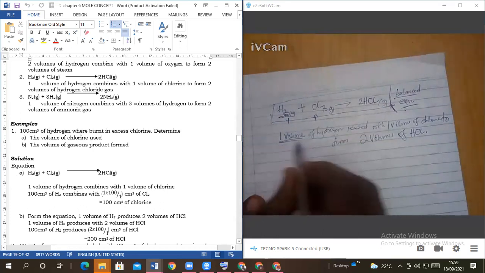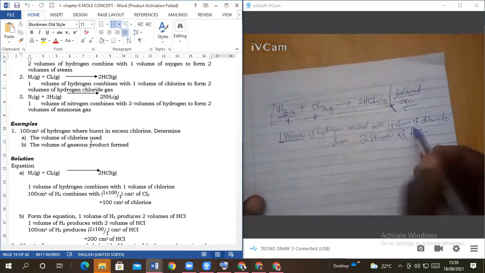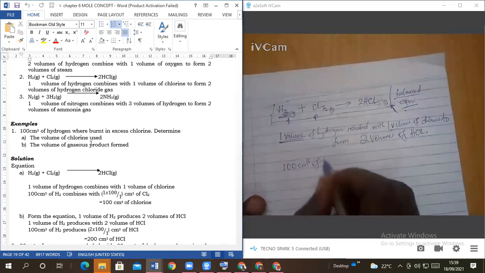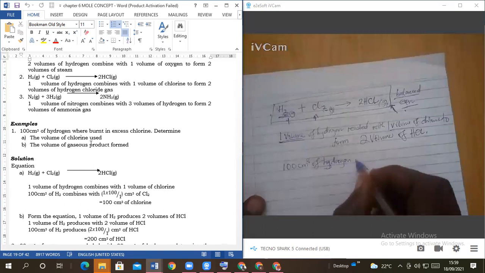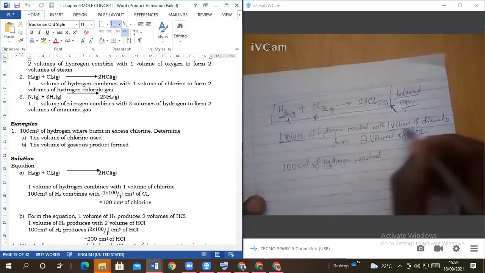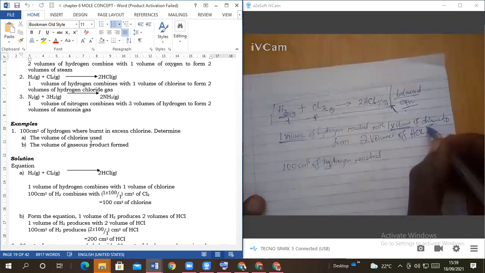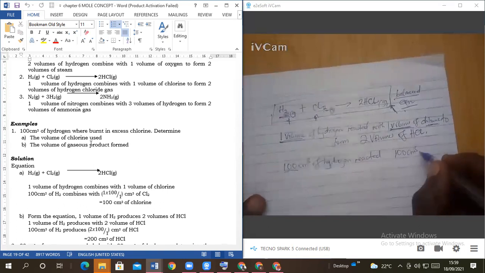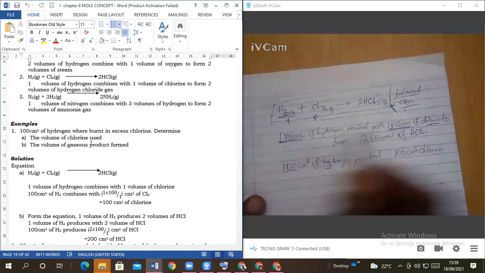So if 1 volume of this reacted with 1 volume of this, now suppose 100 cubic centimeters of hydrogen reacted. And also 1 volume of chlorine did the same. So meaning this volume is the same as the one of chlorine that was reacting. Because of this 1 volume, 1 volume.